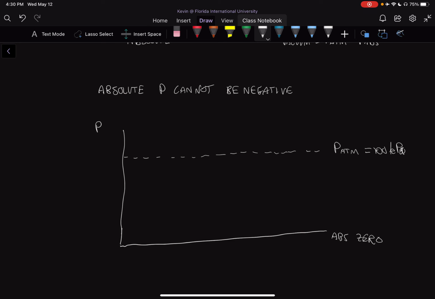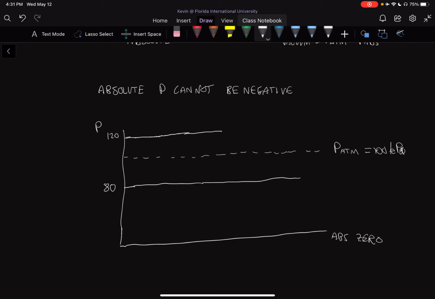If we have a pressure higher than atmospheric, it would show up in a line up here. So it would show up right there. And this would be 120, for example. And then we have another line, and I'll extend this line a little bit more just so we have some space, that is going to be equal to 80. Now, what is the absolute pressure? What is the gauge pressure? What is the atmospheric pressure in this case?